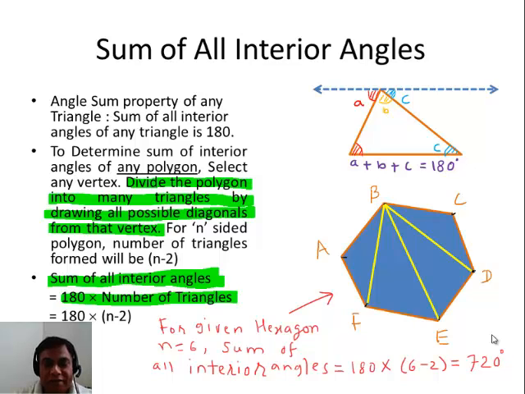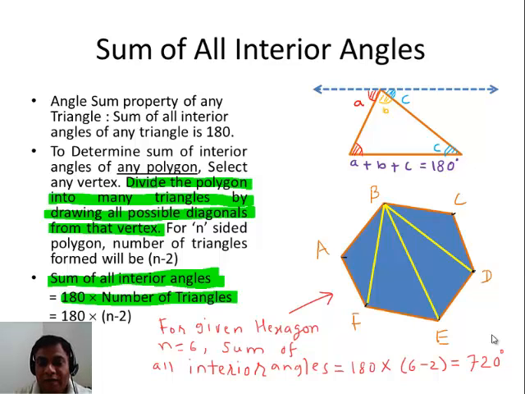So we can derive the general formula. The sum of all interior angles is equal to 180 multiplied by the number of triangles. If n is the number of sides, the number of triangles by such division by the diagonals will be n minus 2. That means if n is the number of sides, then by selecting any vertex and drawing all possible diagonals, the polygon can be divided into n minus 2 triangles.